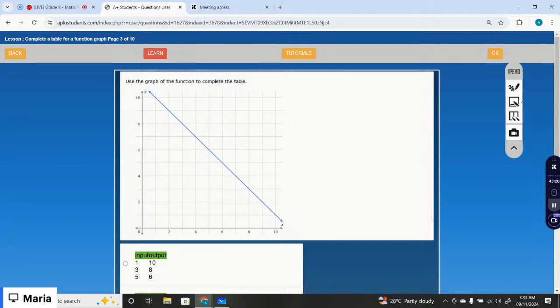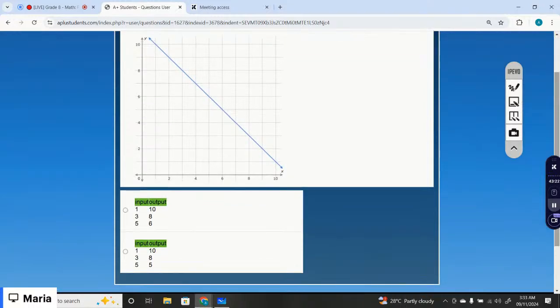Use the graph of the function to complete the table. So you have to see for x equals 5, which is the correct option.